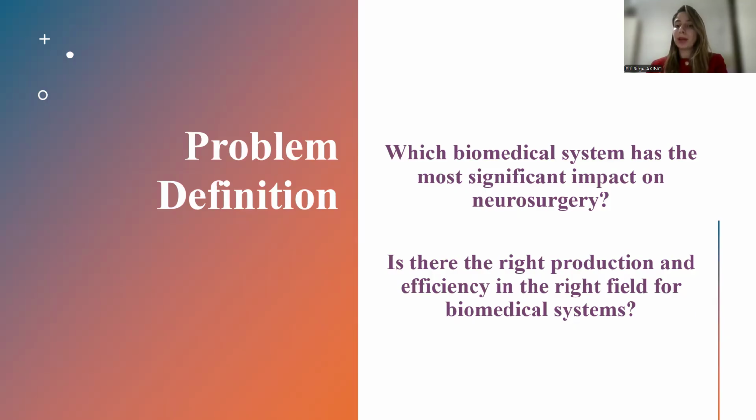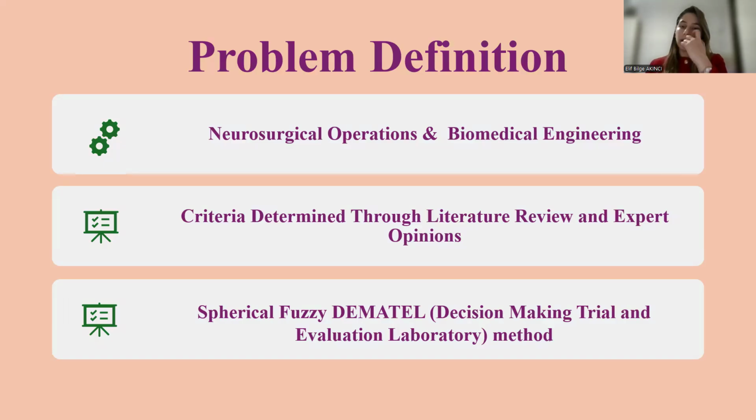In determining the impact of biomedical engineering on neurosurgery, the effectiveness of currently used systems will be evaluated, and priority criteria for future innovative solutions and systems will be established to ensure correct production and efficiency in the right area. And this study comprehensively examines the factors influencing the success of biomedical engineering applications in neurosurgical operations.